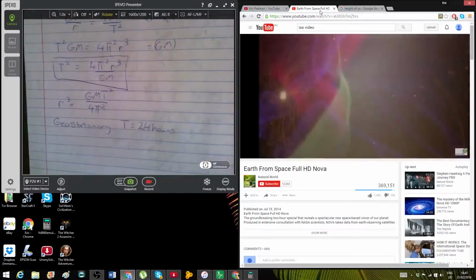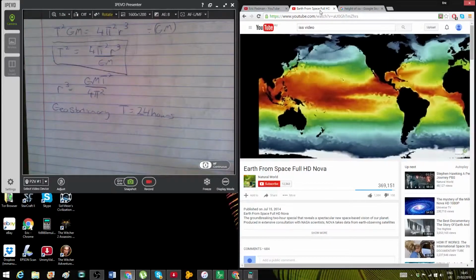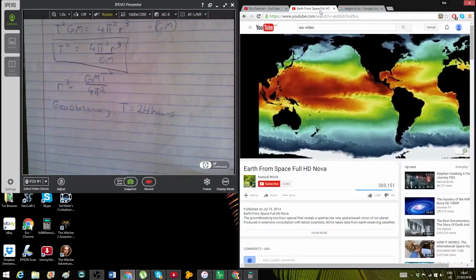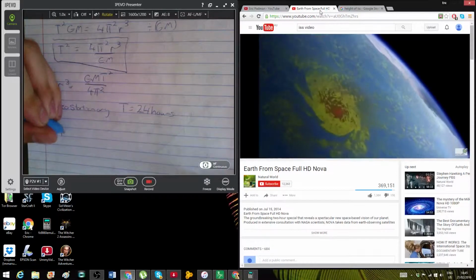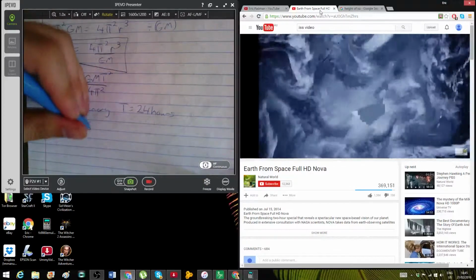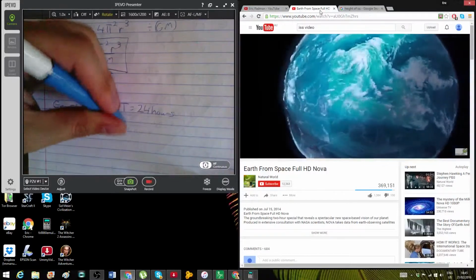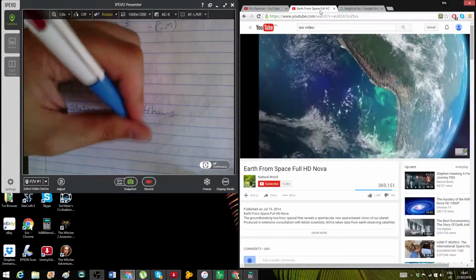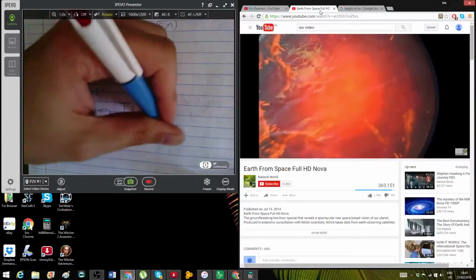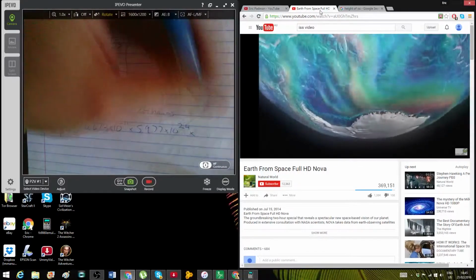So for that, we can work out the radial distance, and I will work out the height above the ground as well. So r cubed equals 6.673 times 10 to the minus 11 times 5.977 times 10 to the 24 times the period.